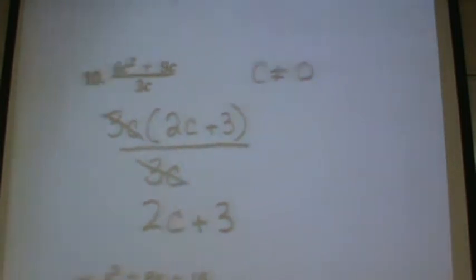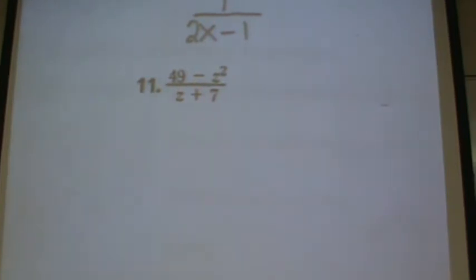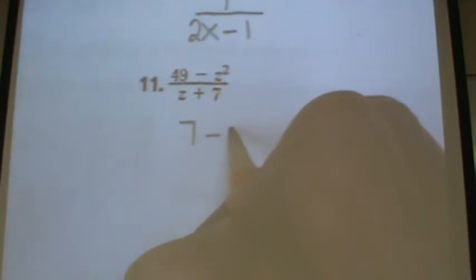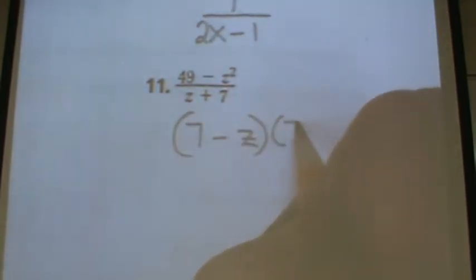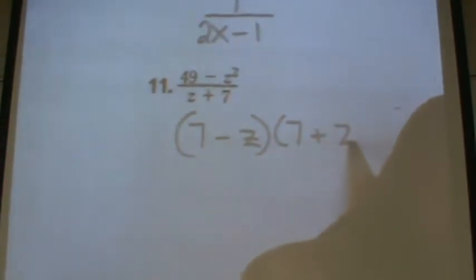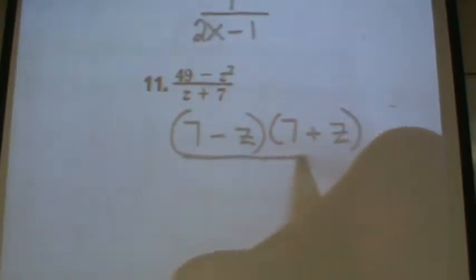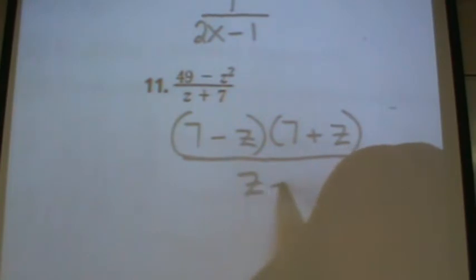Number 11. Factor the numerator. Now this one confuses people because it starts with 49. How do you factor 49 minus z squared? 7 minus z and 7 plus z. And then the bottom, what do we have? z plus 7.